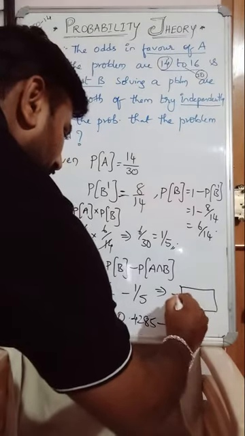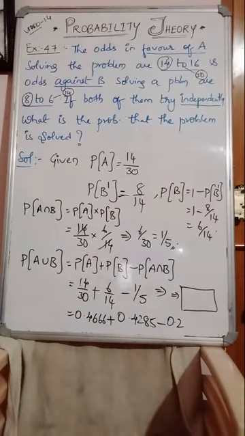Ultimately, what is the answer? 0.4666 plus 0.4285 minus 0.2.